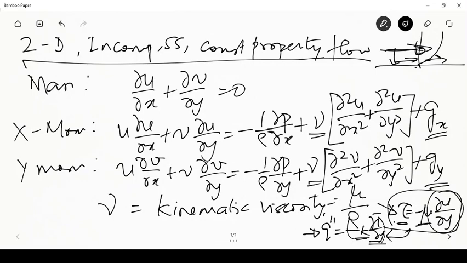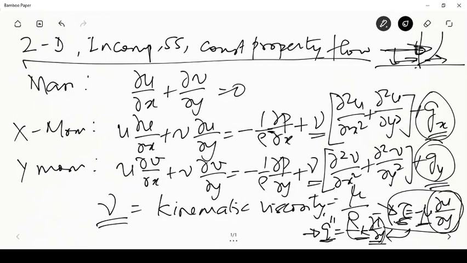Just like the heat flow per unit area, you get the momentum flow per unit area as a shear stress. So this nu is nothing but the kinematic viscosity, which is used here, and gx and gy are basically the body forces. Body forces are those forces which are exerted on every point inside the body.